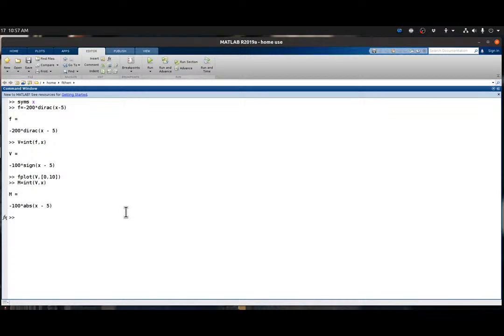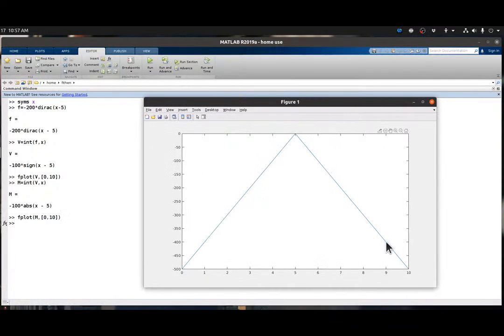So it looks like that. Now, you look at that and you're like, interesting. That's how MATLAB represents it, right? So let's do an fplot of the moment from 0 to 10. Oops. I'm going to do it this way. And lo and behold, this is what you get.